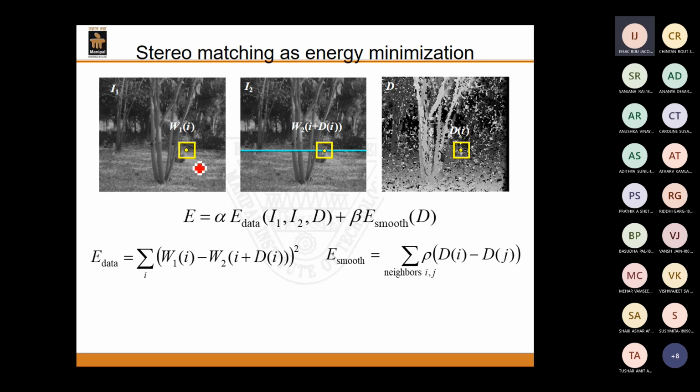We also saw that if the images are aligned along their epipolar lines, and we are taking a particular point in an image, then the corresponding point in the right image will lie along the same row.